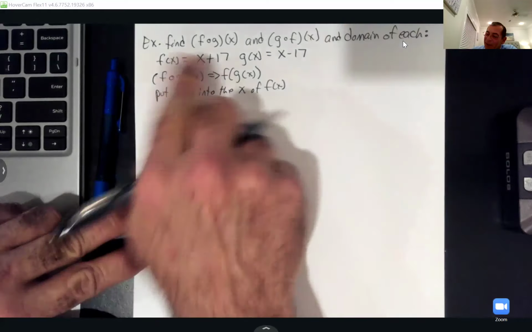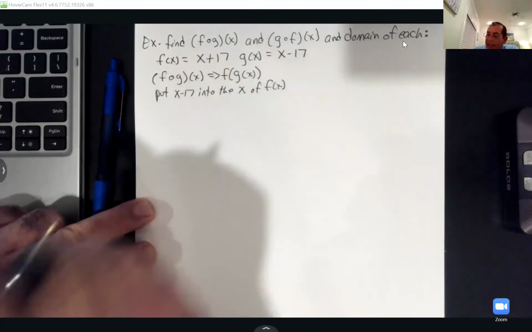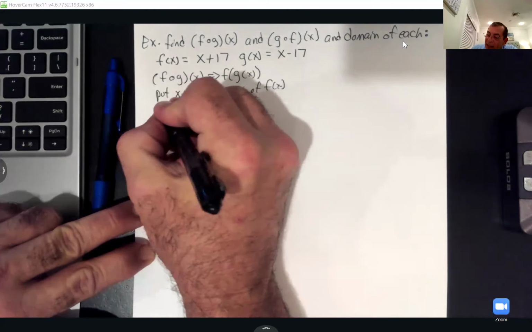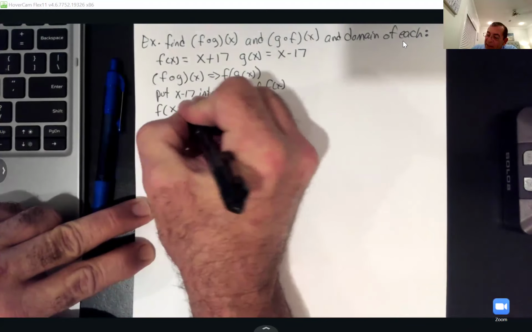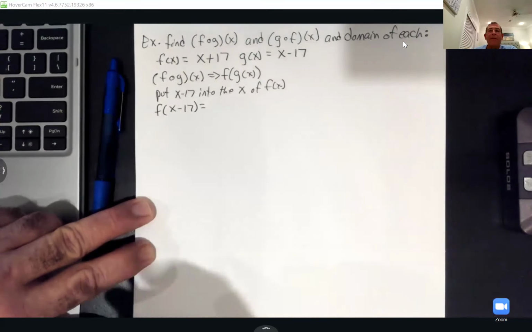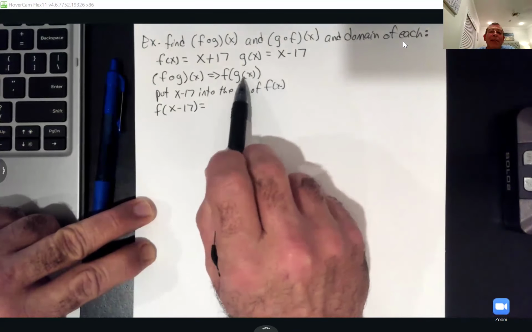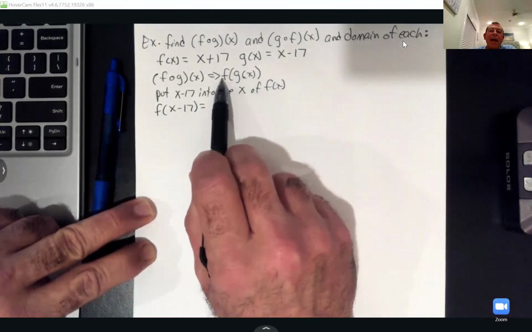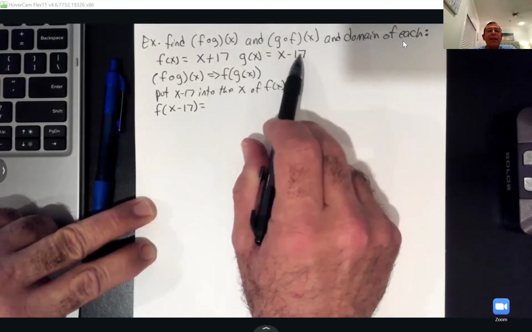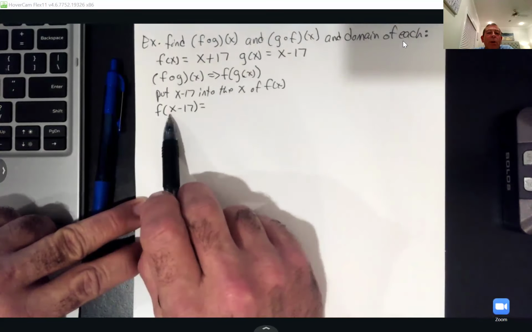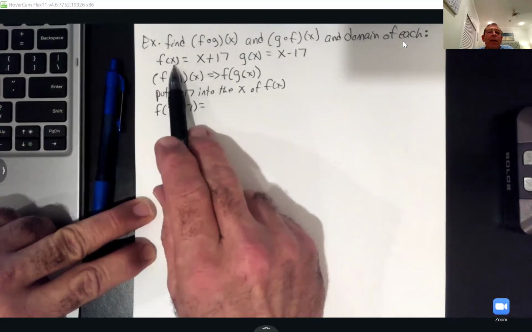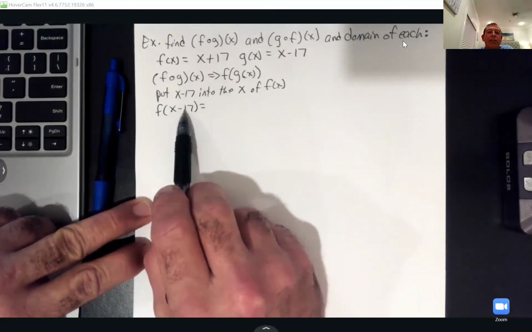Technically, we're finding f of x minus 17. Since g of x was x minus 17, we couldn't do anything to it. So wherever I have an x in the f equation, we're putting this.